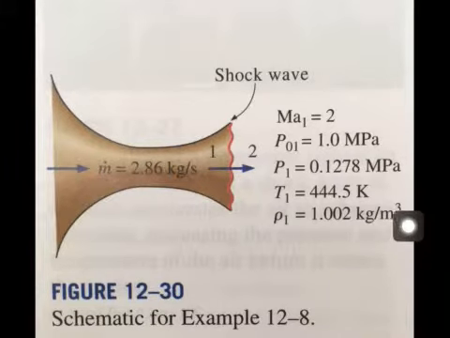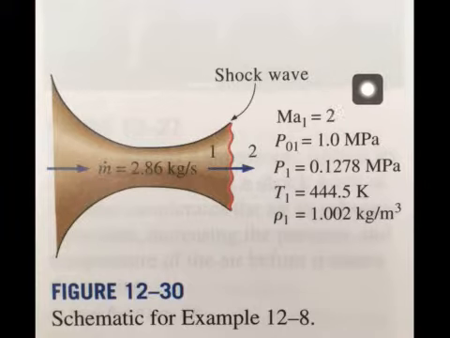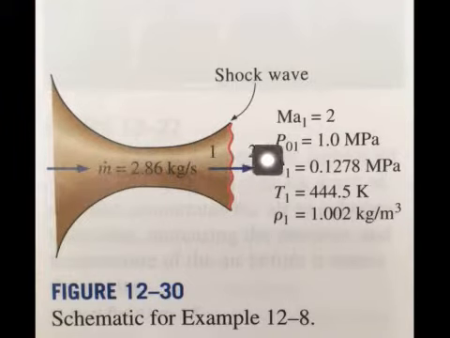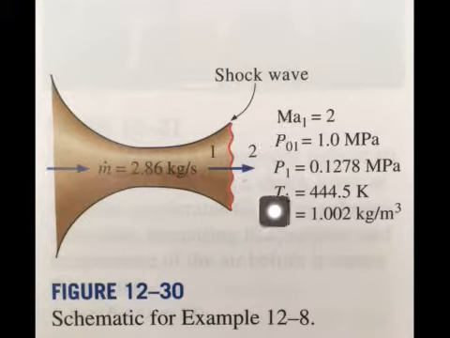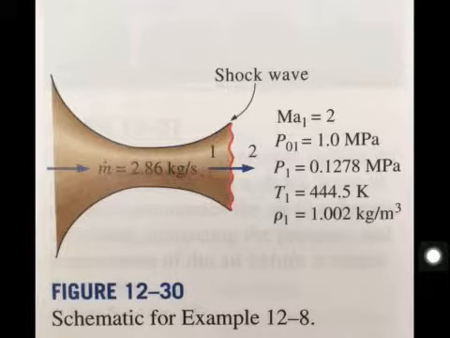This is the figure. From example 12.6, this is the condition at location 1, and we want to know the value of these parameters at position 2 after the shock wave.